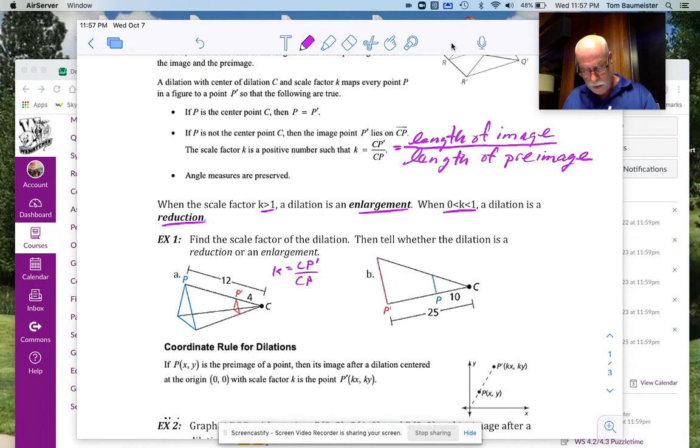From C to P prime is equal to 4. C to P is 12. And if we reduce that, we'll get 1/3. And since 1/3 is between 0 and 1, we know that we'll have a reduction.